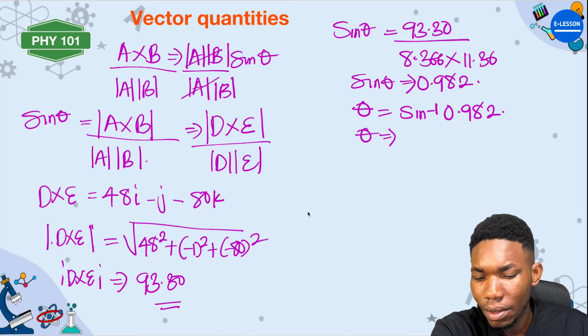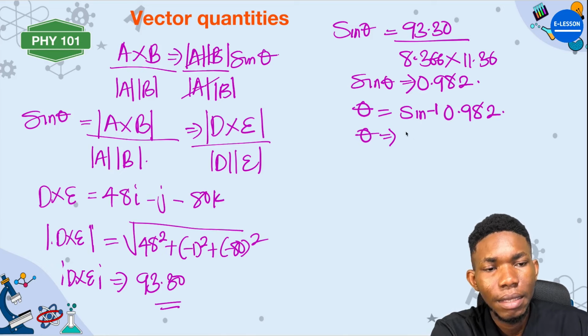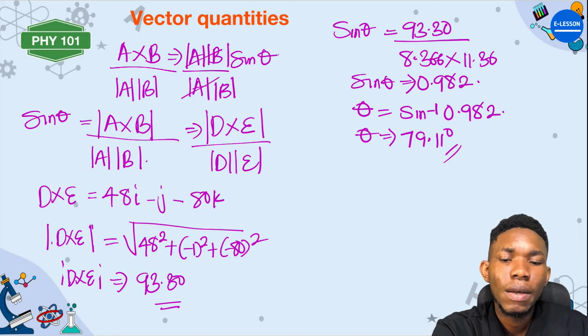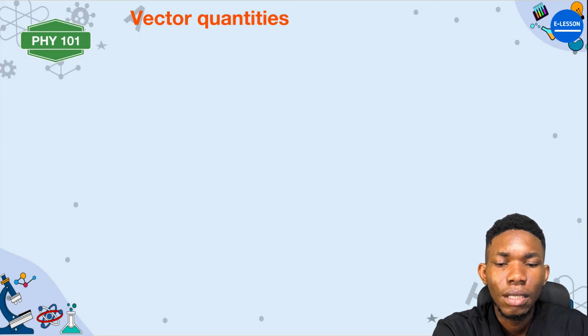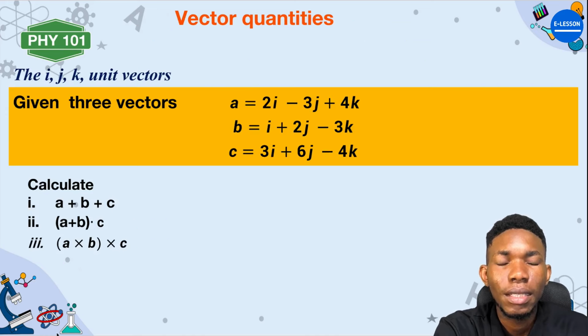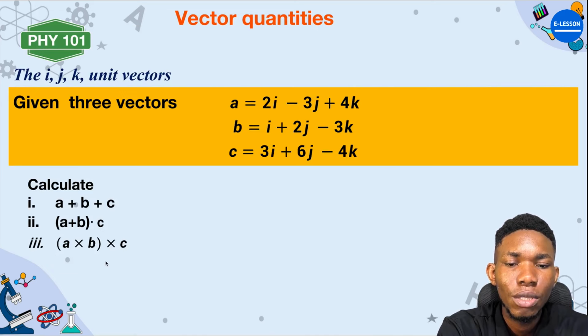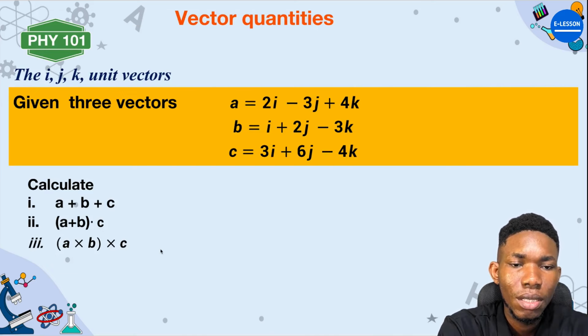Of course, that gives us 79.11 degrees. So that's our angle between D and E, 79.11 degrees. You can also confirm for any error, because there is a tendency of us making little errors or even mighty errors due to the calculation. Is that okay?